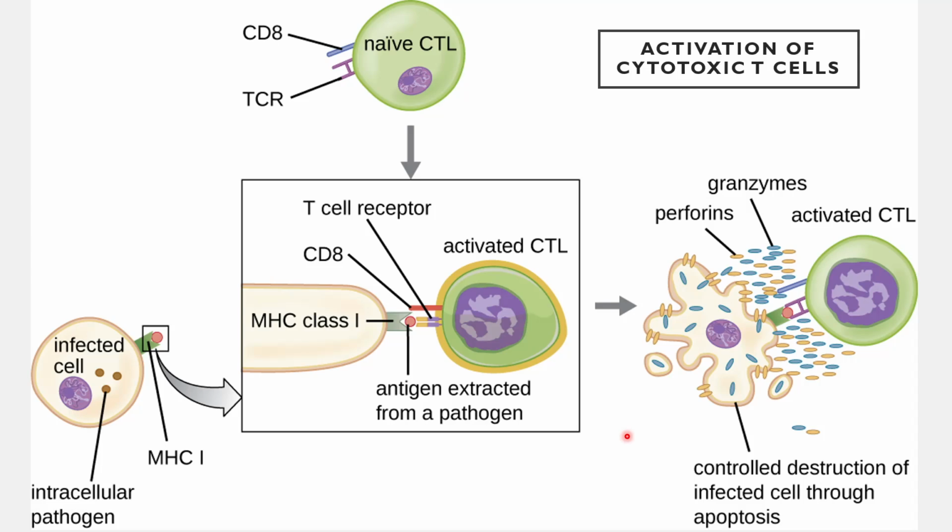So this is the mechanism by which cytotoxic T cells will essentially be spurred into action and then destroy the invading pathogens. You may remember me mentioning that the cellular immune system is mostly focused on destroying intracellular pathogens, so ones that have already infected the whole cell.